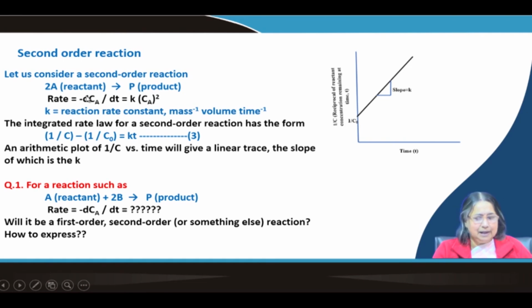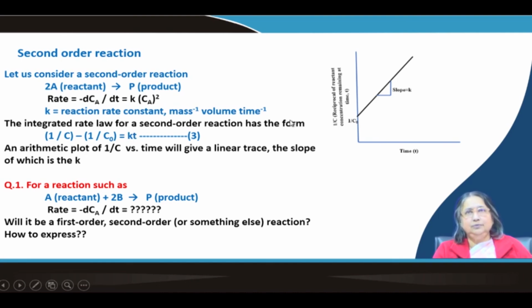You can easily develop it from the rate expression, because the rate is minus dCA by dt, with one concentration term and another concentration term to the power 2. So, k will accordingly have this unit. Now, for the second order reaction, this is the integrated rate law.